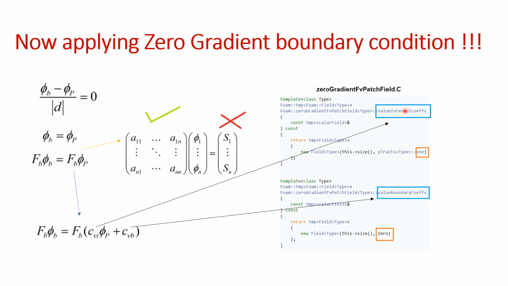See, the value internal coefficient is given as 1, and the value boundary coefficient is given as 0. So this is how the zero gradient boundary condition, which we use many times but don't know what is actually happening inside, is implemented in CFD.